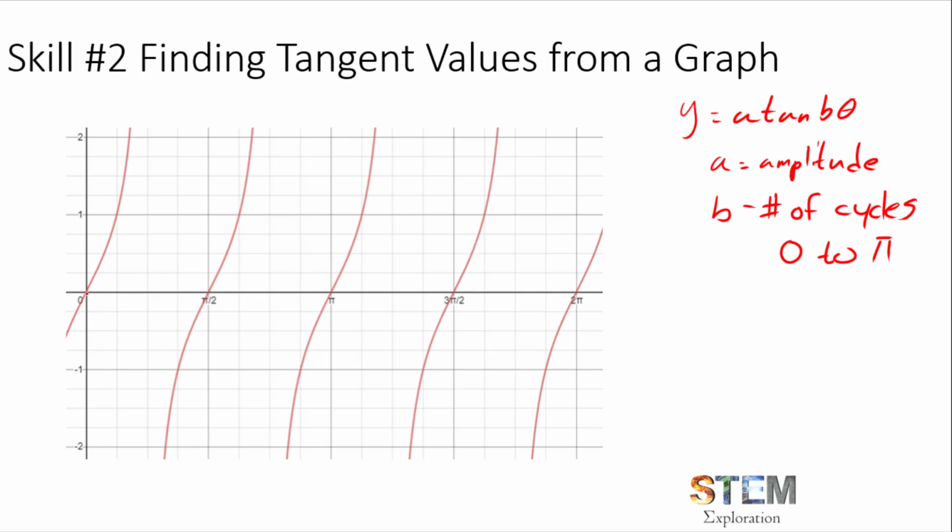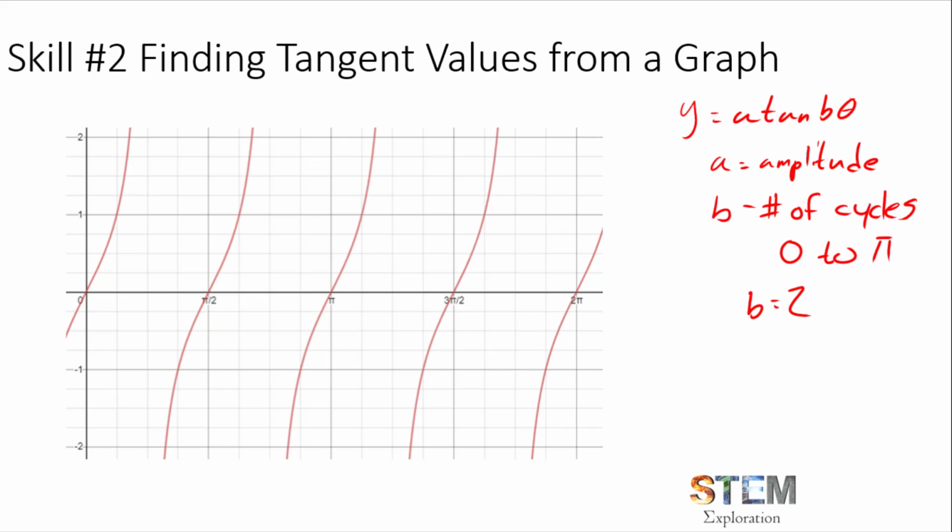So if I look from 0 to pi, I notice that there's half of a cycle here, a whole cycle here, and another half of a cycle here. So there's actually 2 complete cycles from 0 to pi here. So I know that b is equal to 2.